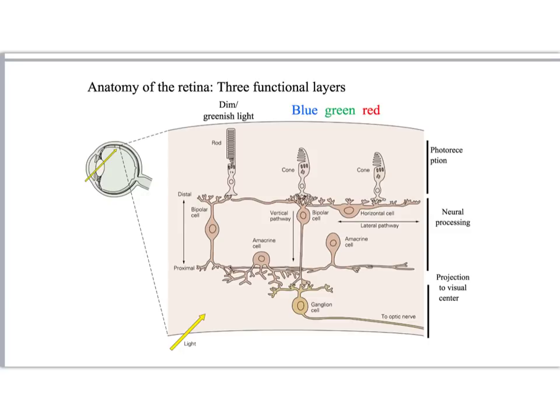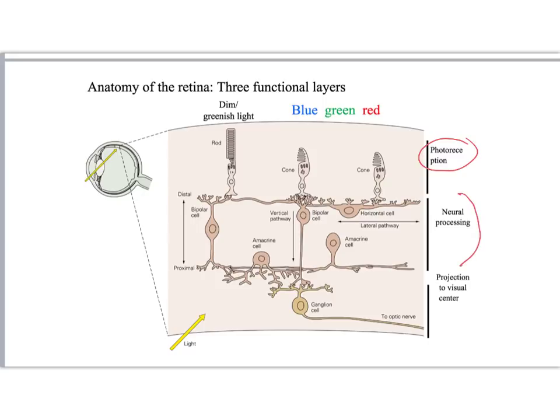One is the photoreceptor layer, or rods and cones, and it used to be called the photoreceptor layer because before we discovered melanopsin, we used to think that this was the only photoreceptor layer of the mammalian retina.